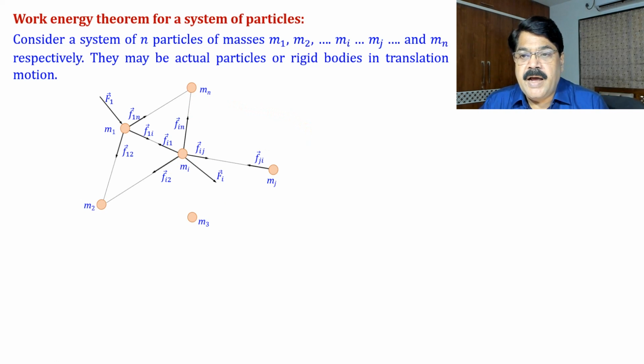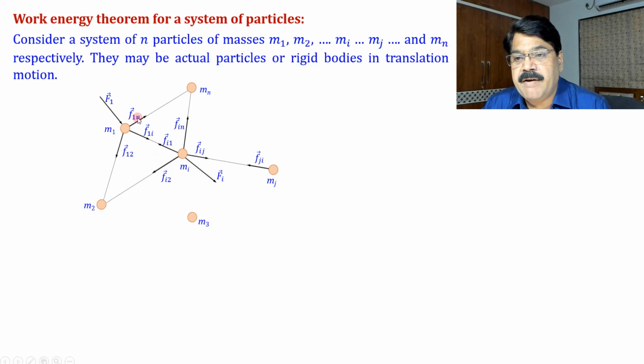Again, as we have seen earlier while describing how to apply Newton's law on a system of particles, we are using the same notation. Here we show capital F1. The capital F1 is the net external force on m1. Here external force means external for the system. Similarly capital Fi, net external force on mi.